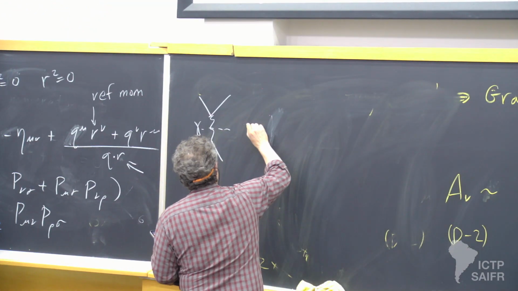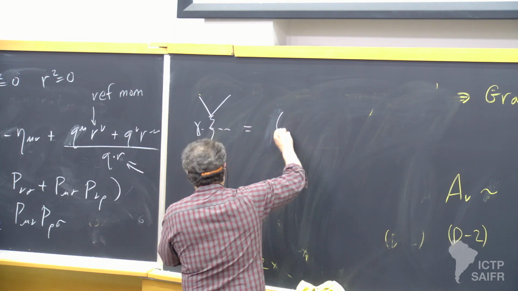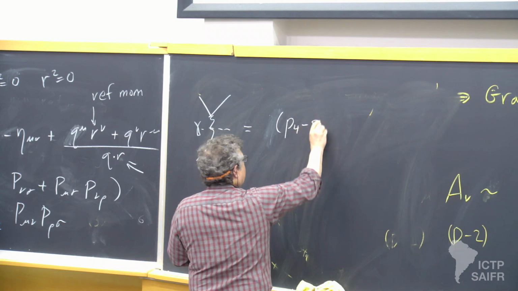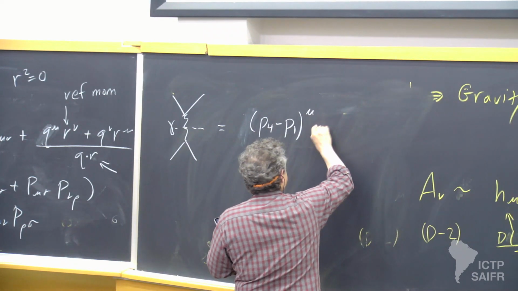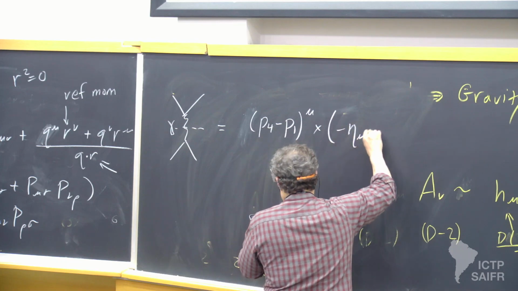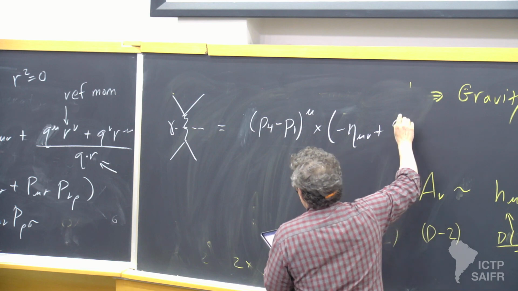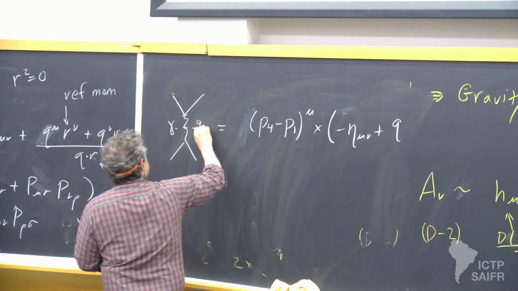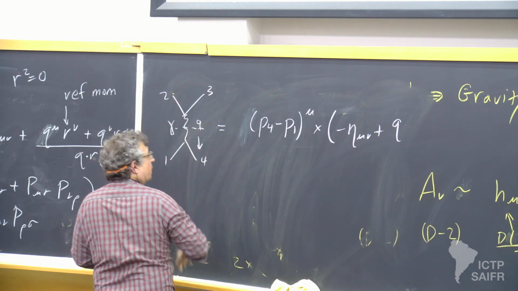What is this thing? Following the instructions, it's P4 minus P1 mu times minus eta mu nu, and then Q plus, this is Q, momentum Q is coming down here. 1, 2, 3, 4.